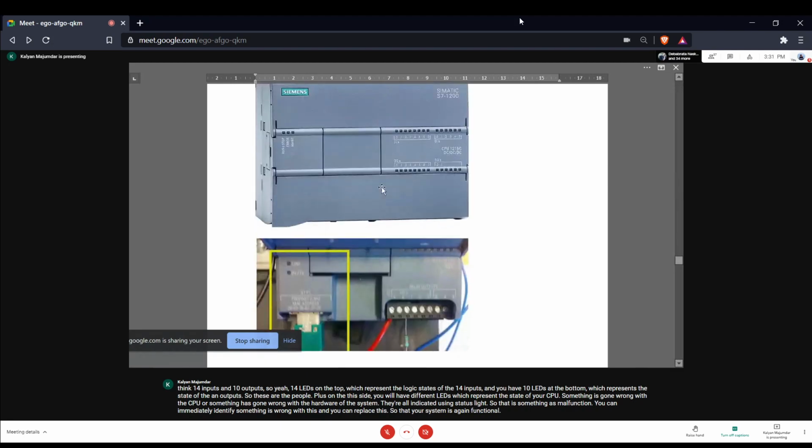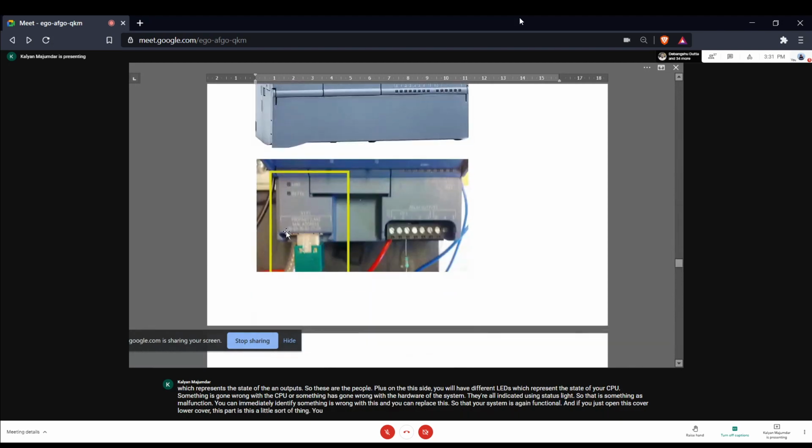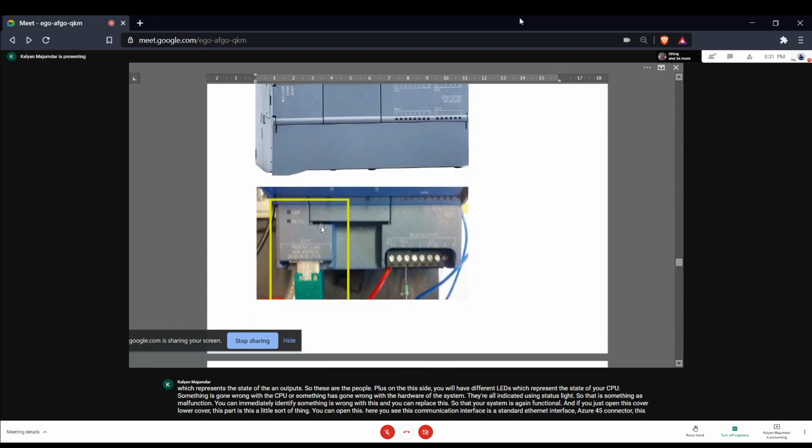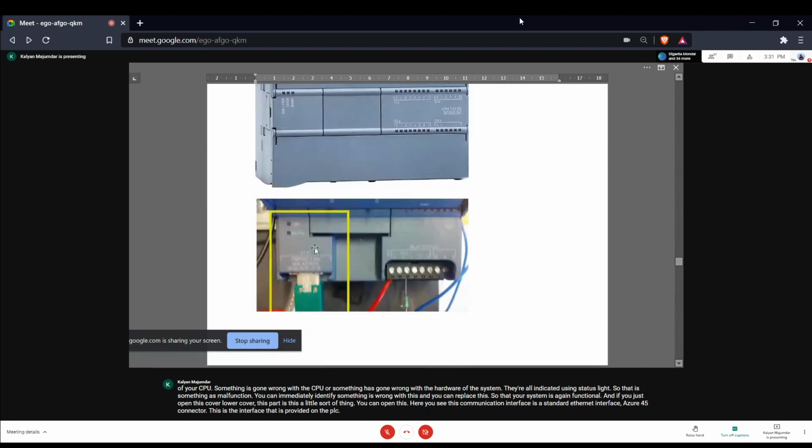And if you just open this lower cover, there's a lid sort of thing. You can open this. Here you see this communication interface. This is a standard Ethernet interface, RJ45 connector. This is the interface provided on the PLC, which by default connects to your programmer. Optionally, this could be used for networking of PLCs, or for connecting an HMI display to your PLC.